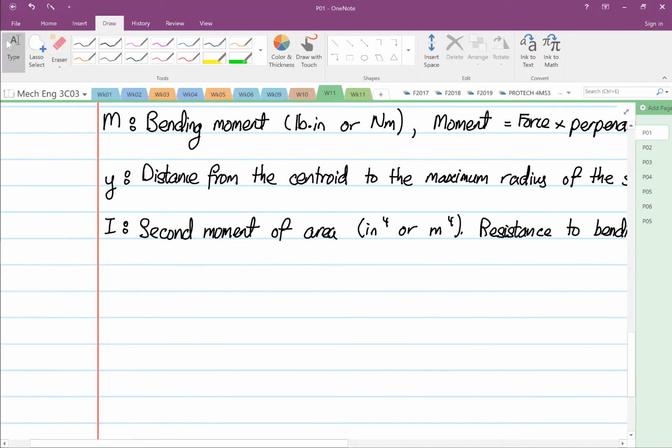So we have I equal to pi over 4 multiplied by the outer radius to the power 4, and this formula is usually for a solid shaft.